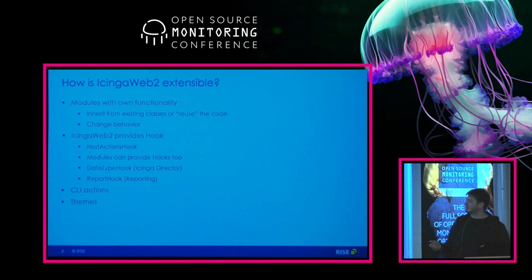For example, the data type hook, which is also used in the Icinga Director if you want to have your own data types, or the report hook, where you can create your own reports for the reporting module. And your module can also provide some CLI actions that are not implemented in other modules yet, so you can implement them too. And also you can provide some themes if you want.